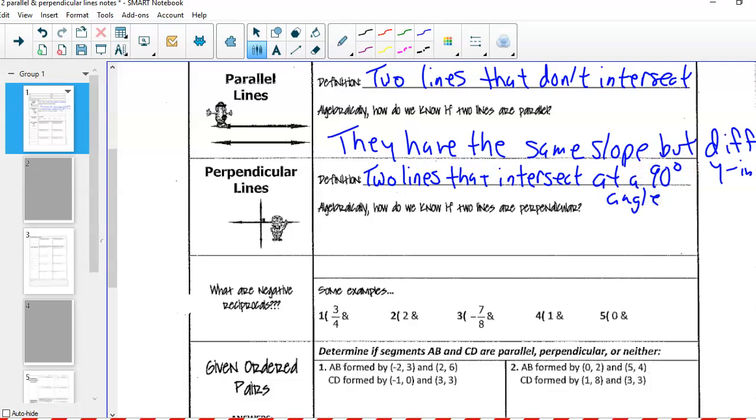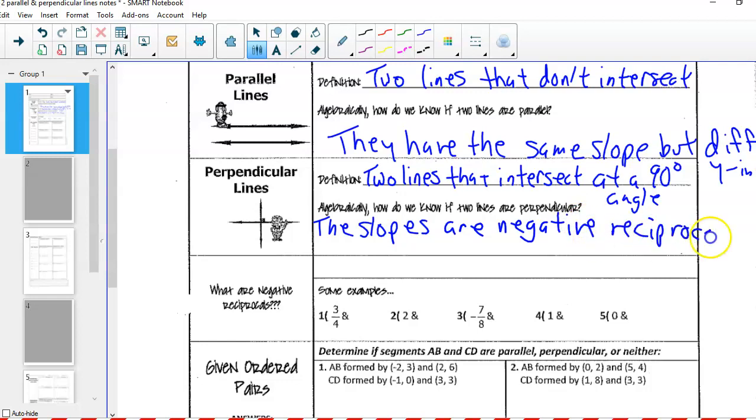And then what we found was the slopes are negative reciprocals. So I'm going to write that so you can see. So that means one has to be positive, one has to be negative, and one has to be the flipped version of the other one.